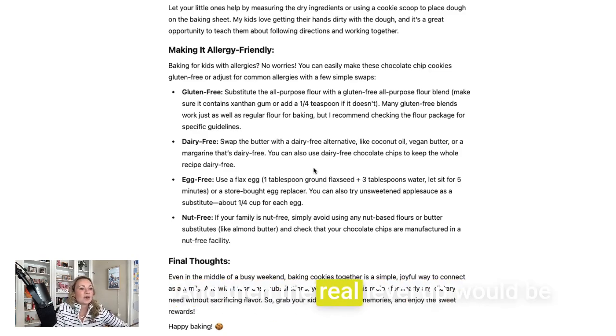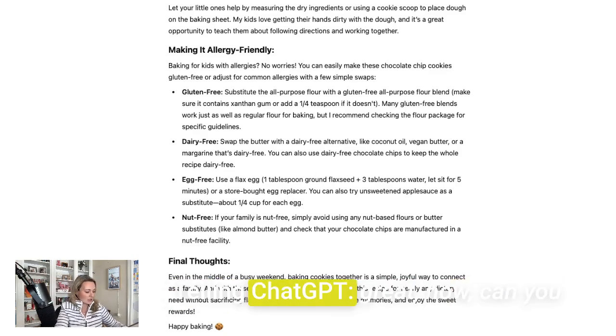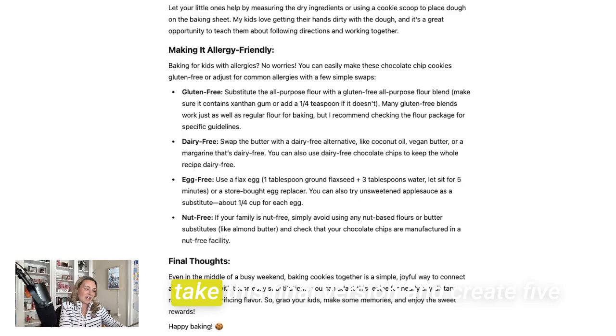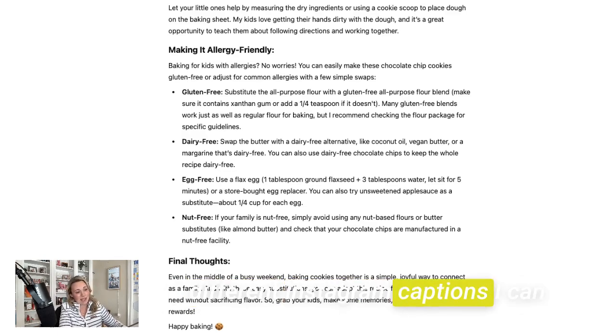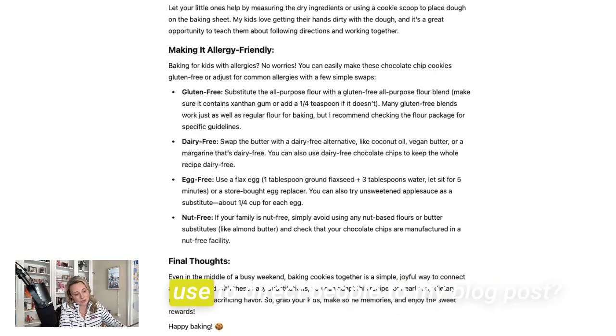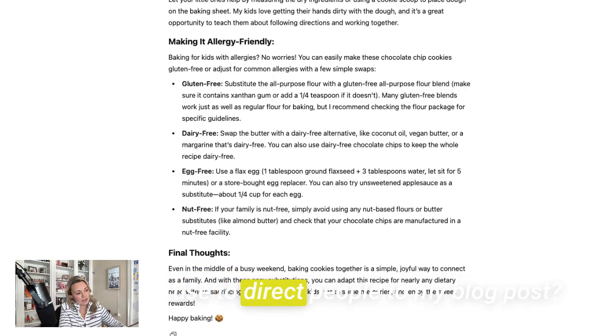And then the real level up would be telling ChatGPT, great, now can you take this final version and create 5 different Instagram captions I can use to direct people to my blog post.